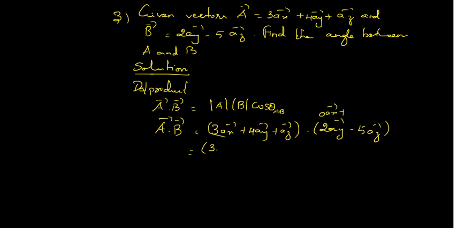So here 3 dot 0, ax dot ax, plus 4 dot 2 into ay dot ay.